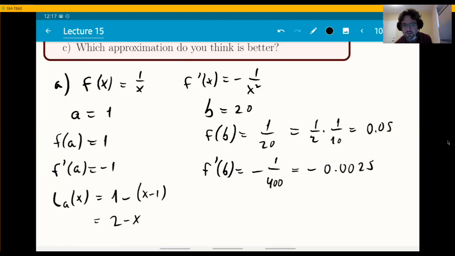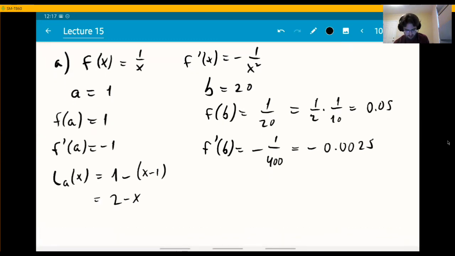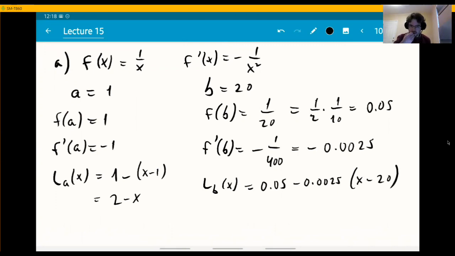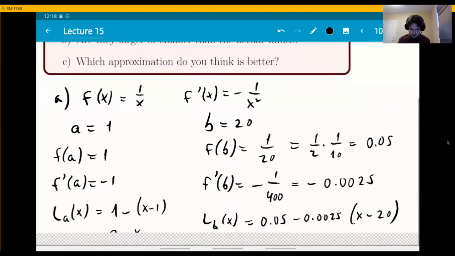So that would be 0.0025. Okay, and LB becomes f of B plus f prime of B times x minus b, the linear approximation around the number given above. Maybe let's not simplify this one.